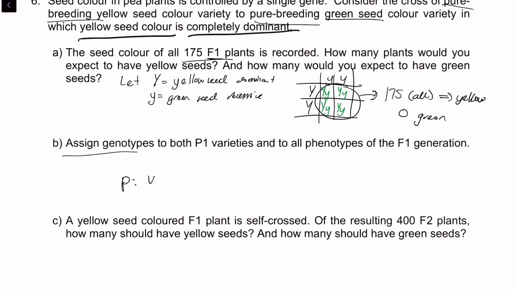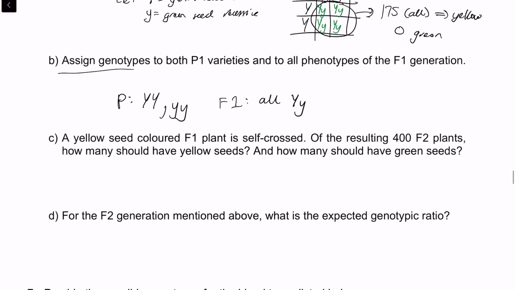All right, the parents are homozygous dominant and homozygous recessive, and then the first generation, familial generation 1, will have all heterozygous genotypes. All right, but if we have the F1 plant self-crossing, then we have the Punnett square of 2 heterozygous.